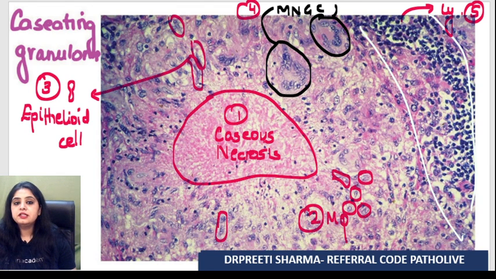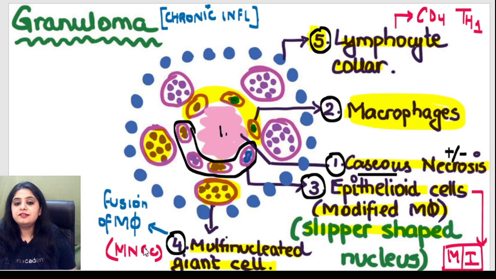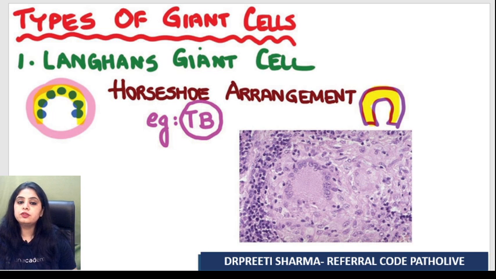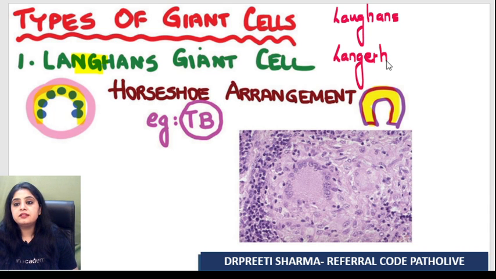So now I want to ask you something. Out of all of these, what you have to know in detail, guys, is multinucleated giant cells. There are a lot of multinucleated giant cell pictures that come to you. So let's talk about the type of giant cells. Over here, the first one that I've written is Langhans giant cell. My first request to all of you, please never get confused between two terms, Langhans versus Langerhans.